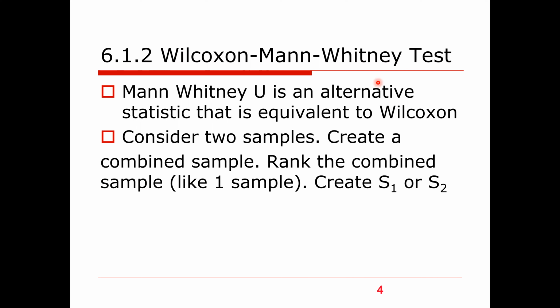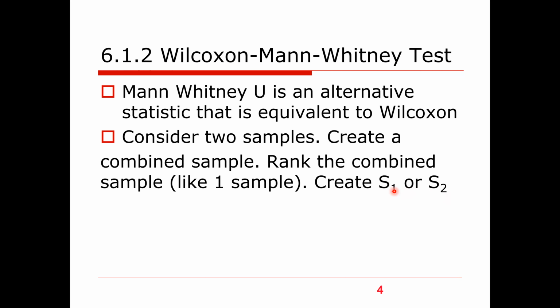So how does it work? Given two samples, we combine them as one big sample and get the joint ranking of each observation in this big sample. Then we calculate the sum of the joint ranks of all observations in each sample as S1 or S2.